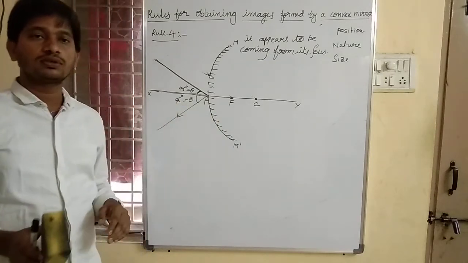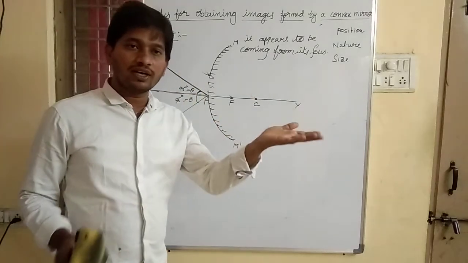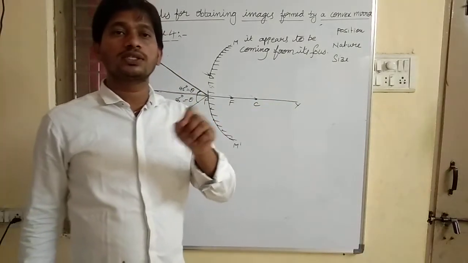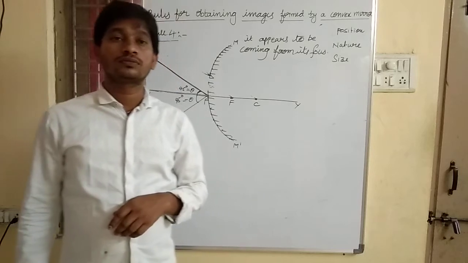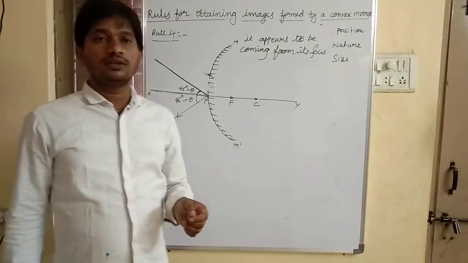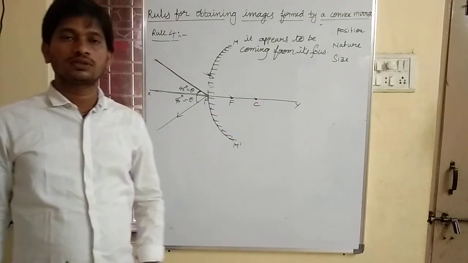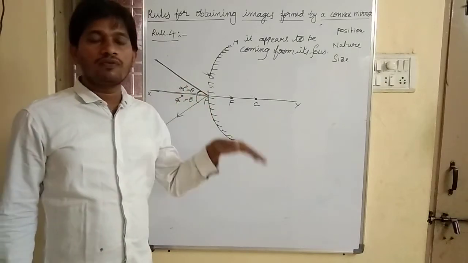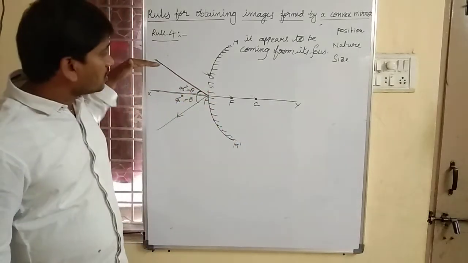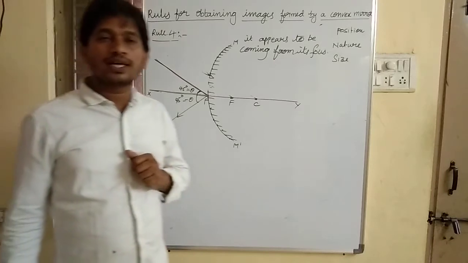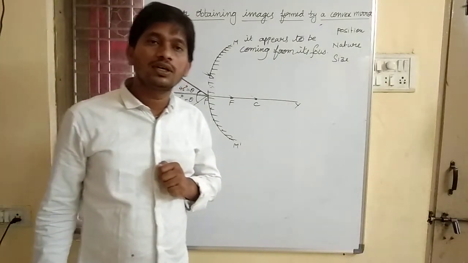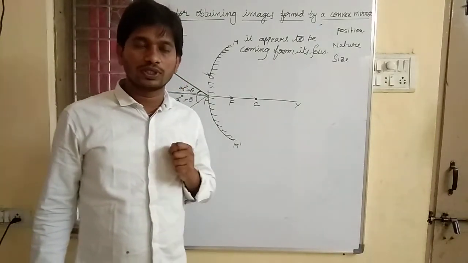There also, a ray of light which is parallel to the principal axis of a concave mirror, after reflection, passes through the focus. Here also, a ray of light which is parallel to the principal axis, after reflection, appears to be coming from its focus.